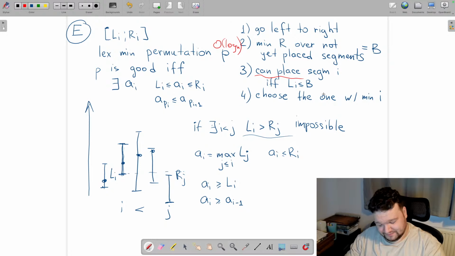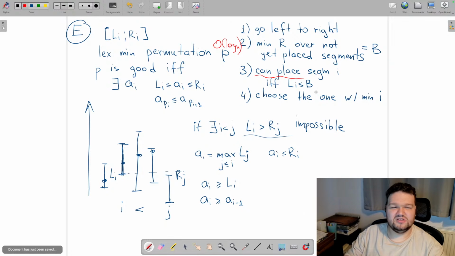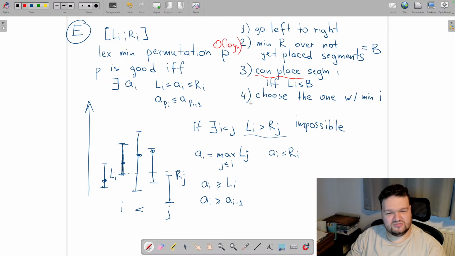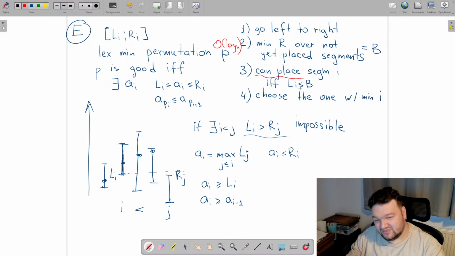Then for the segments that we can place, it will also only increase, because more segments become available when B increases. So we want to maintain this set sorted by index, and to do this, we need to maintain another set of the segments that are not yet allowed, sorted by left border.